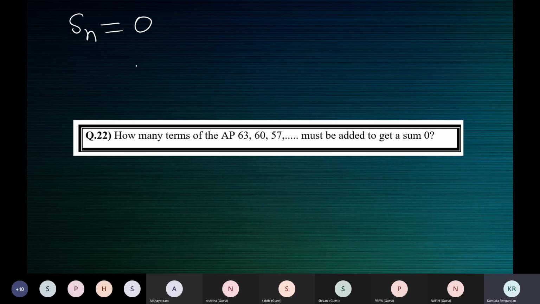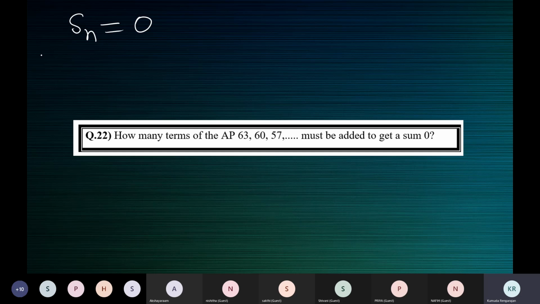What is expected from the question? The sum of how many terms is 0. I don't know how many terms, so Sn should be 0. We're trying to find n. We don't know if it is S10 or S20, S30, S35. Sum to n terms should be 0.